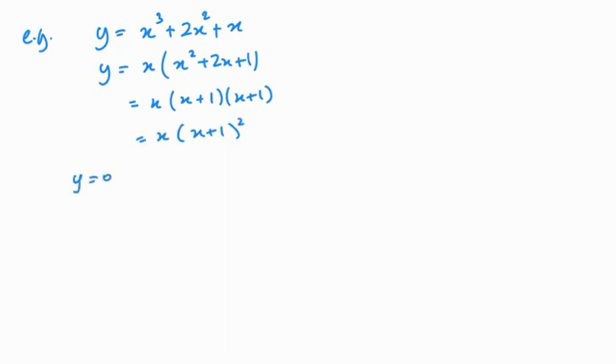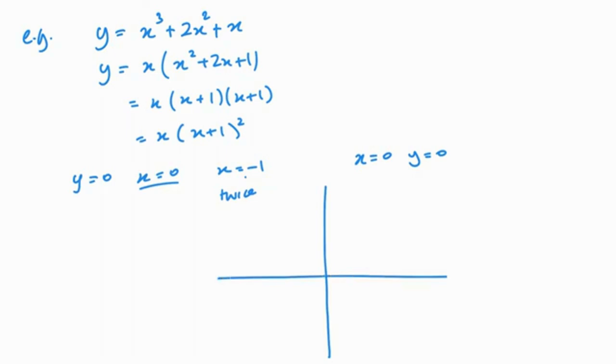So when y equals 0, I can see that x will equal 0, or x will equal -1, and this will happen twice, just reminding myself. And when I think of when x equals 0, well, y's got to equal 0 there. So I know it's going to go through the origin.